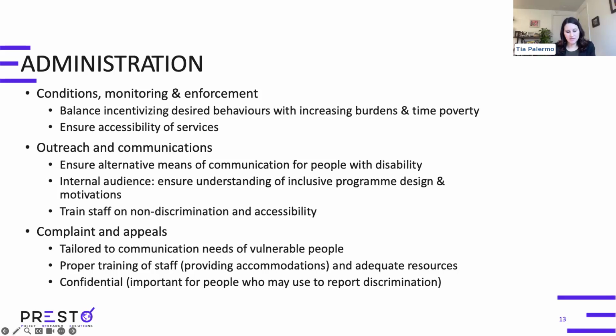Similarly, people with disability may face additional barriers to meeting the conditions, and so complementary efforts may be needed to remove these barriers, including investing in inclusive health and education systems.